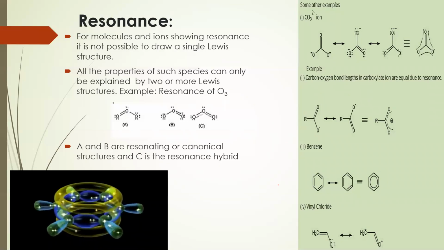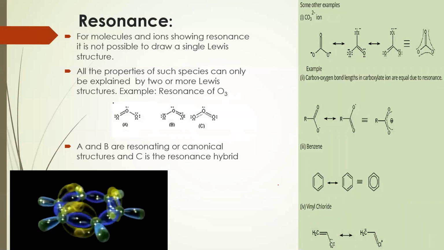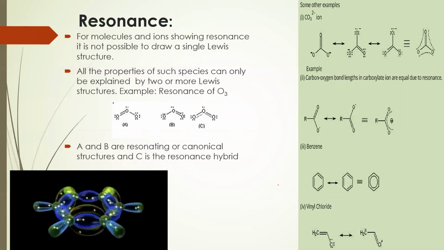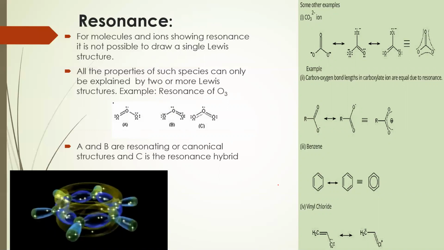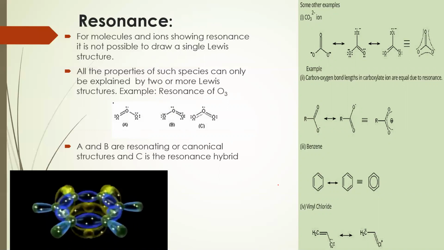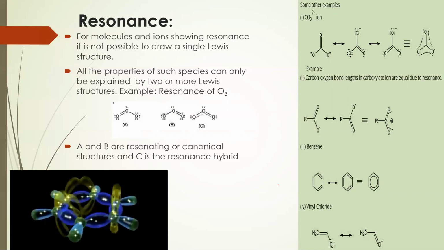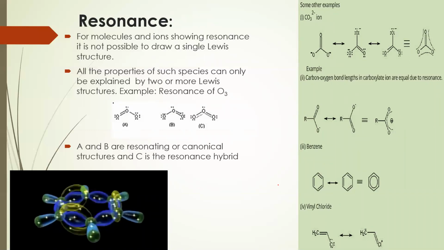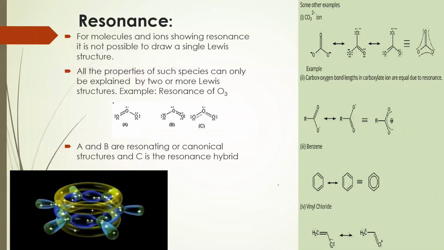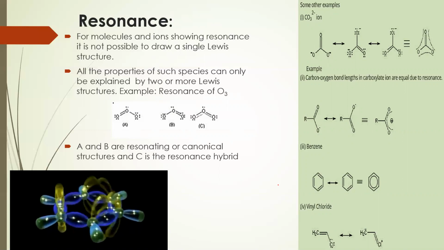You need to be very particular about whether it is alternate or not. For example, ethene, CH2 double bond CH2, will not show resonance structures, because resonance is not possible there.